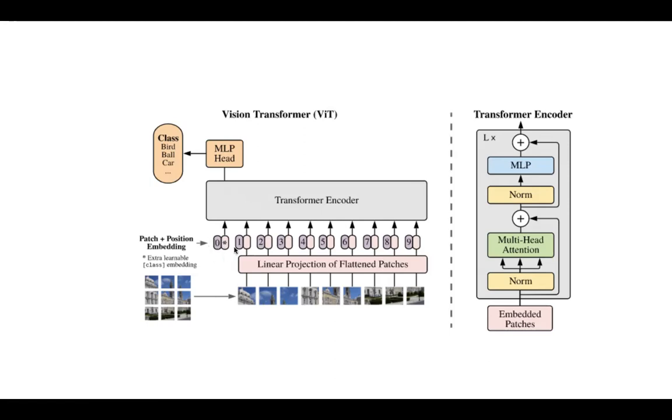They also prepend a CLS token, a similar type of CLS token that we see in the BERT model. Then those embeddings are input to the transformer encoder. The output of the vision transformer is the final representation of the CLS token. This CLS token is fed into some MLP layer, and the output of that MLP layer is a final representation vector that helps us classify the input image.